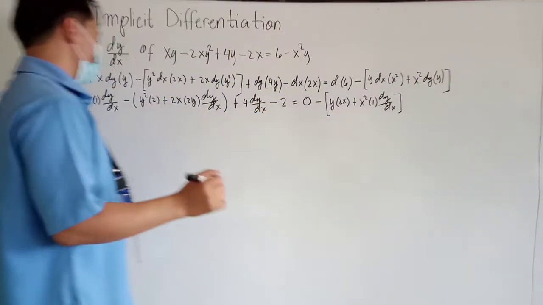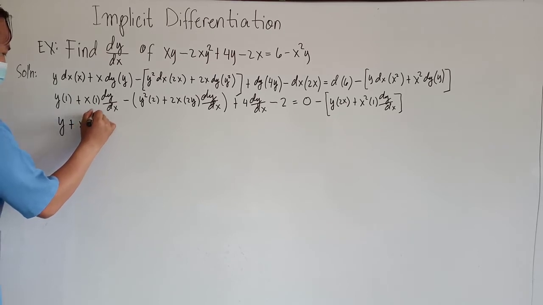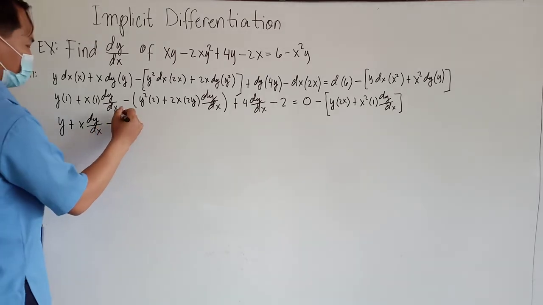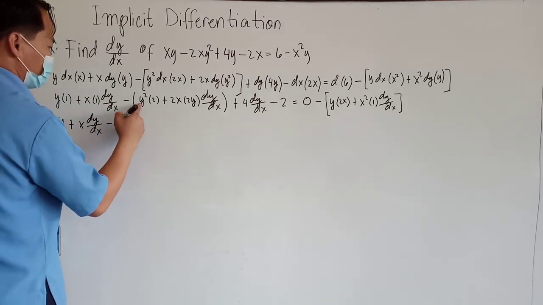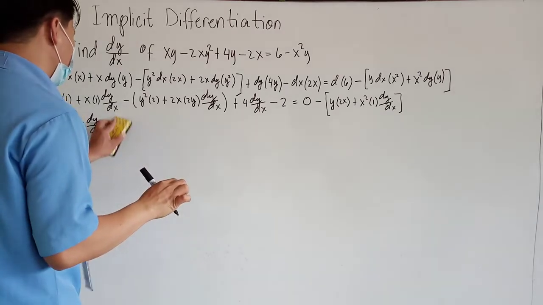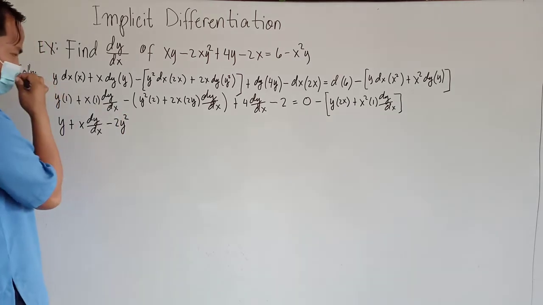Then we will have to simplify now. So 1 times y is y. Plus x times 1 is x, then we write down dy over dx. Minus, this quantity: negative times 2y squared is negative 2y squared.